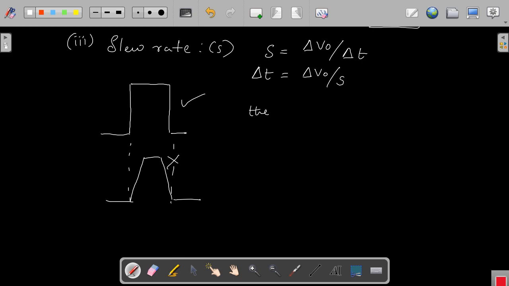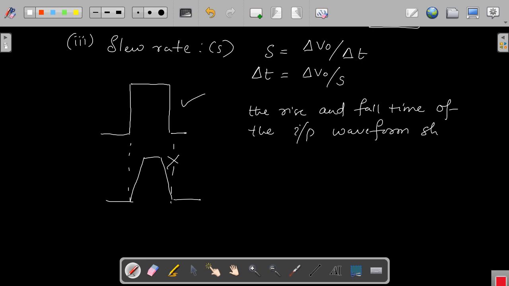The rise and fall time of the input waveform or the signal should be, instead of writing this, less than 10% of the total pulse width.